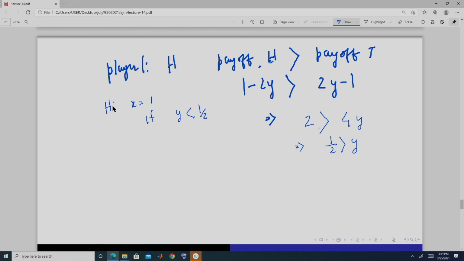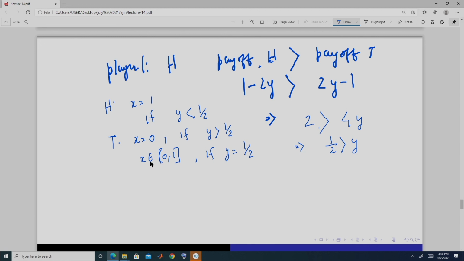From here it is going to play tail, that is x equal to 0, if y is greater than half, and it is going to attach some probability, that is x is going to lie between 0 and 1, if y is equal to half. Okay.